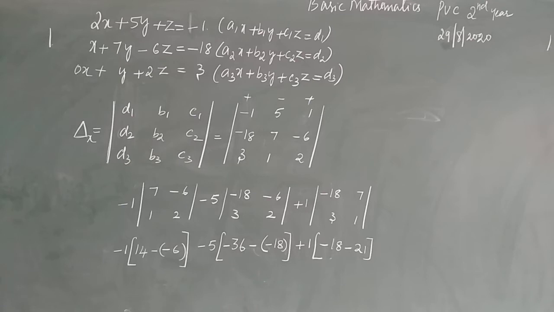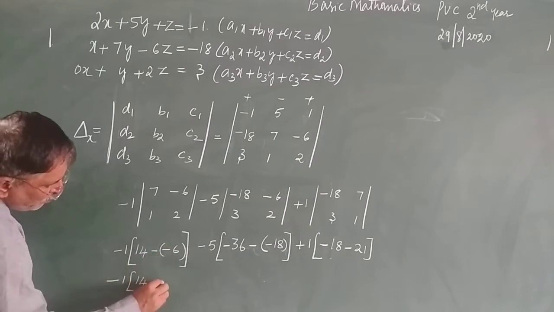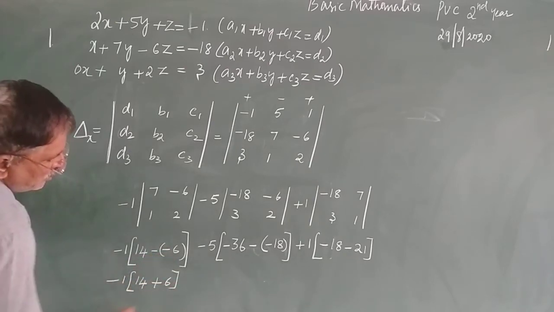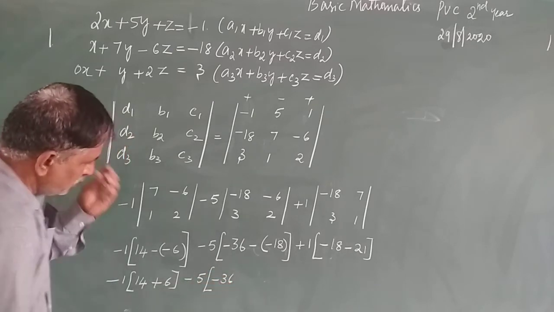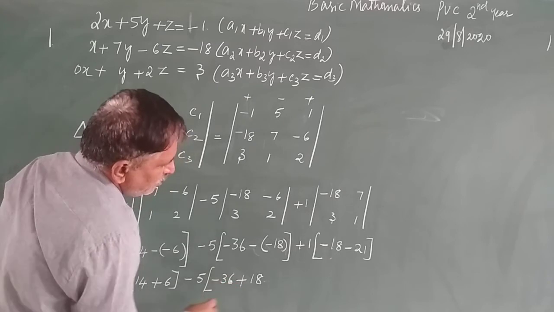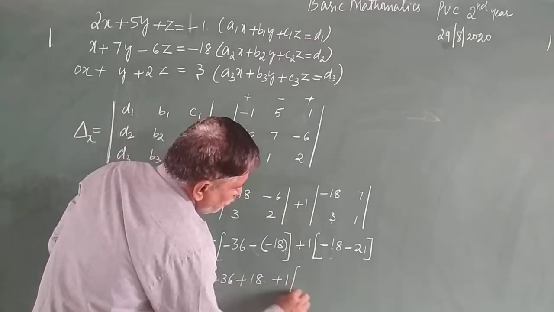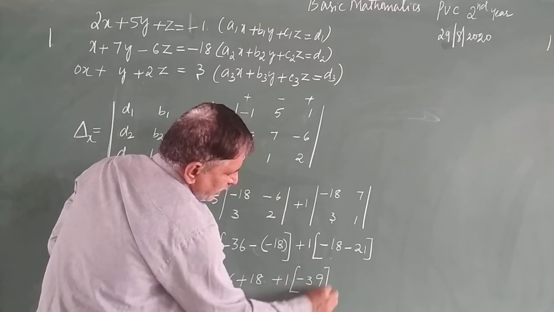Next, this is minus 1, 14, minus into minus plus 6, minus 5, minus 36, minus into minus plus 18, plus 1. Both are the same sign, add, I will get 39 with a negative sign.